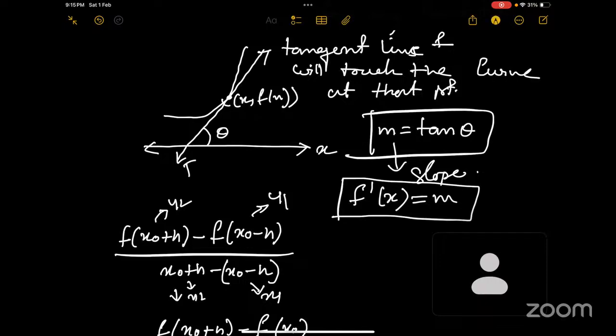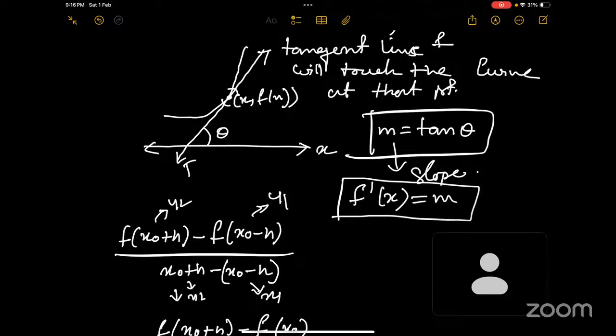So near the point, the line and the curve is almost same, right? We sometimes call the tangent as linear approximation of the curve, right? So we are linearly approximating the curve at some point, like near the neighborhood of some point. Then we can calculate the slope of the tangent line, and it will be the slope of the curve. Are you getting my point?